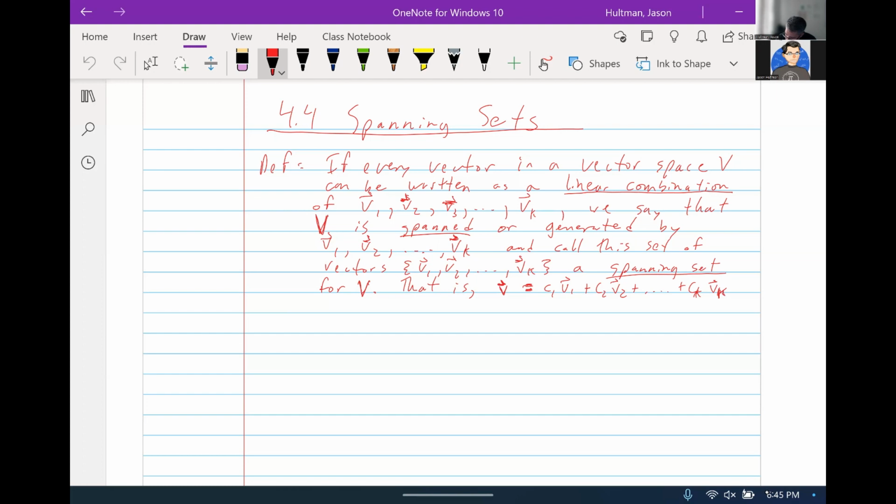Okay, and there's not just one of these that exist. There could be many different ones for any given vector space. And so that is this vector v equals this linear combination of vectors v1 to vk, and we say that this spans our vector space of V.